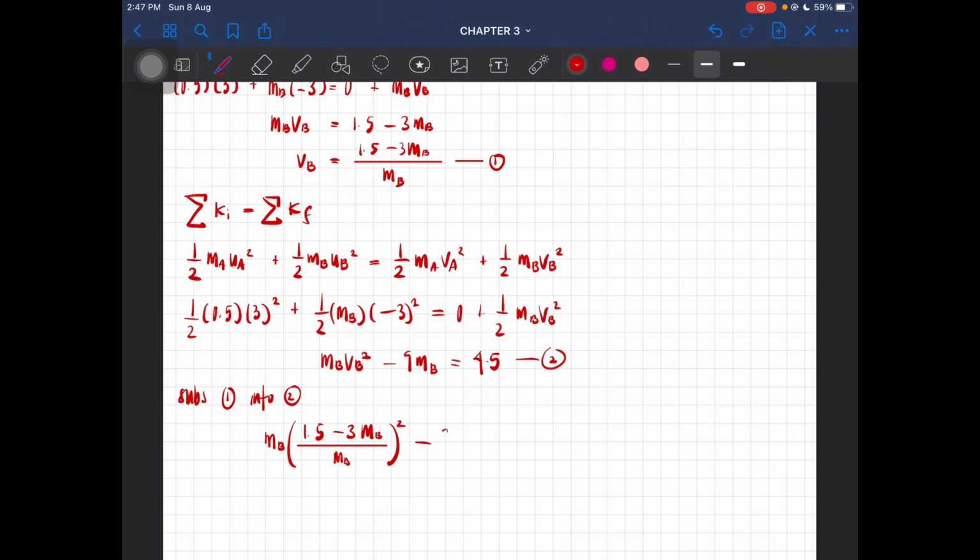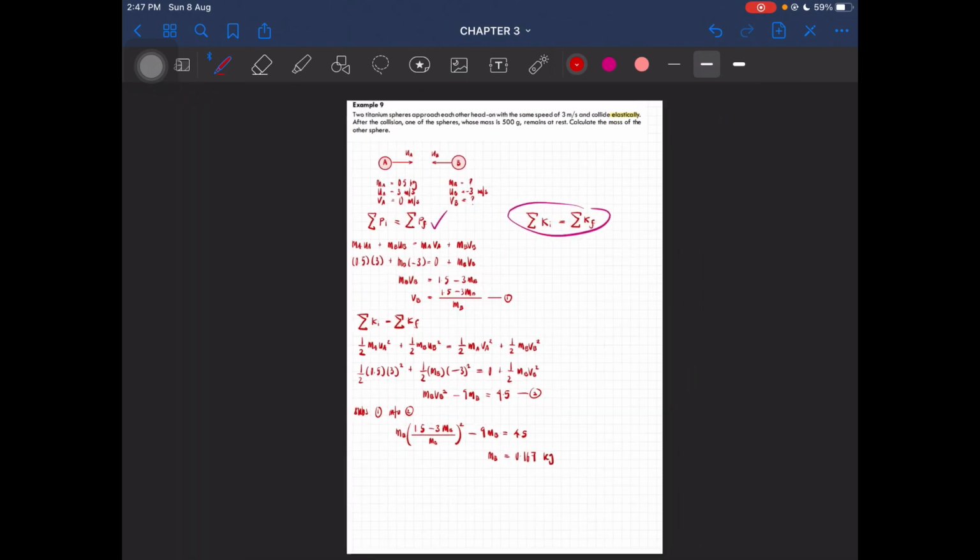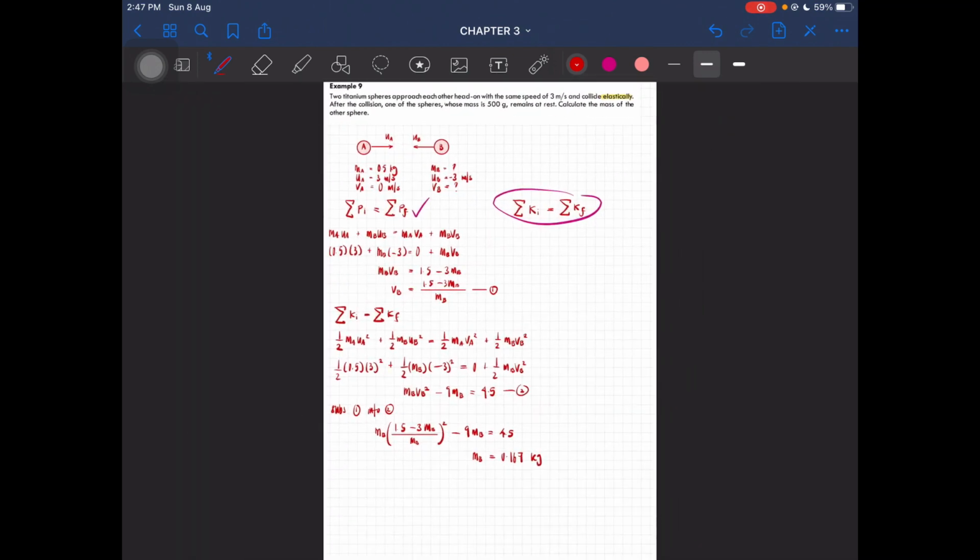And then minus 9 MB equal to 4.5. Rearrange and calculate. You'll then get the mass of the second sphere to be 0.167 kilogram. Okay? So that is your example 9.